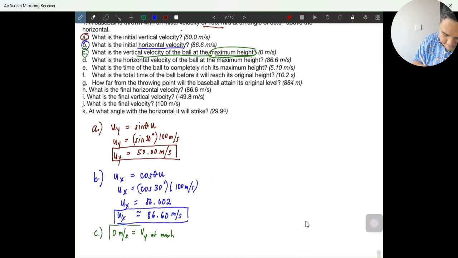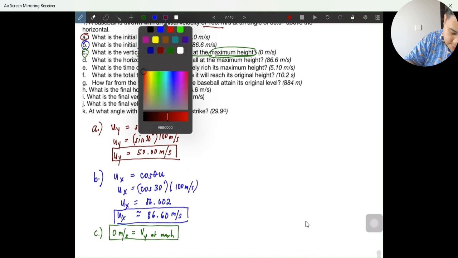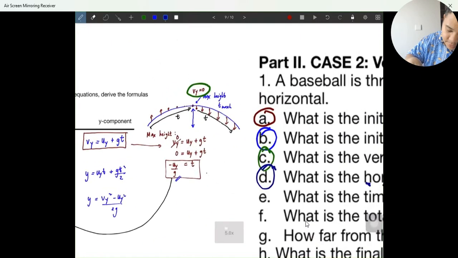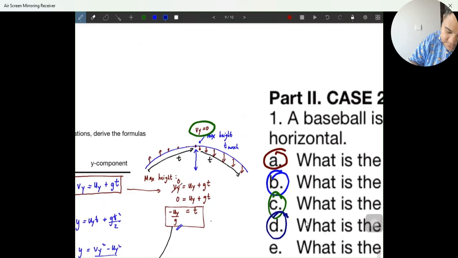Okay? Now, how about for letter D? What is the horizontal velocity of the ball at the maximum height? Now take note, the horizontal velocity is not changing. Even at the maximum height, the Vy is 0, but the Vx is consistent all throughout from the start to the end.